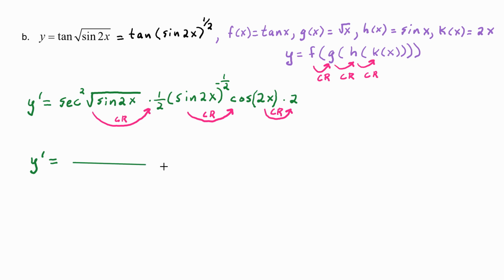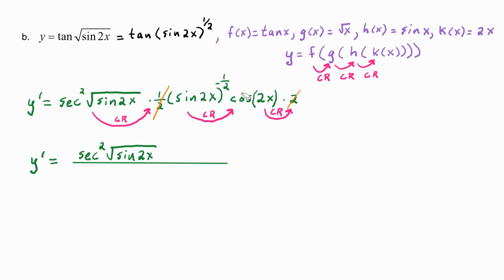So let's go ahead and get a fraction bar going. This secant squared radical sine 2x stays in the numerator. This 1/2 right here is going to cancel with this 2.